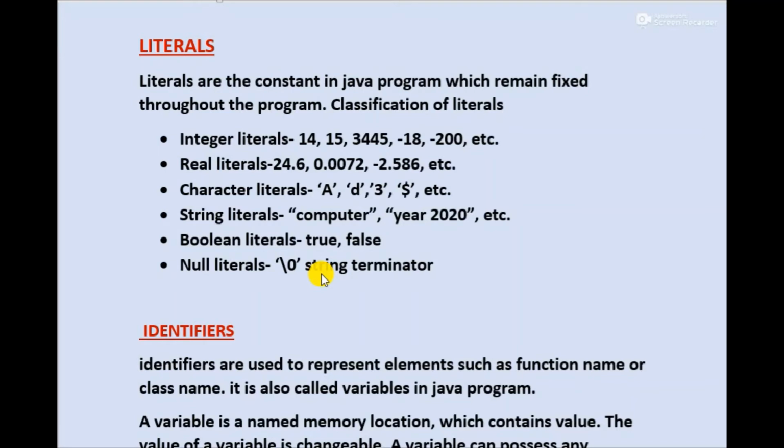And that character literal will be a single unit. That means we can use only a single character as a character literal. And here we can see we can also use the symbols or special characters as a character literal. So this is the character literal, and the next one is string literals.